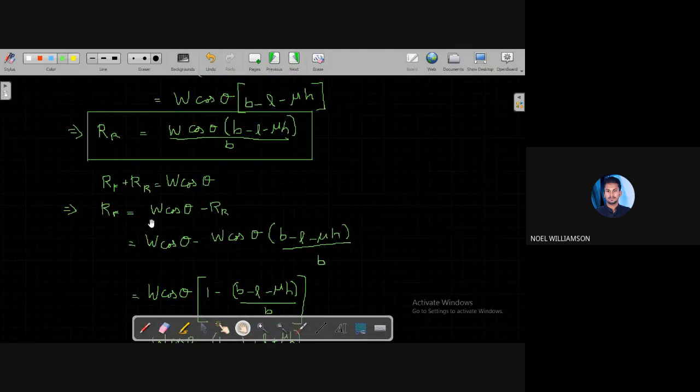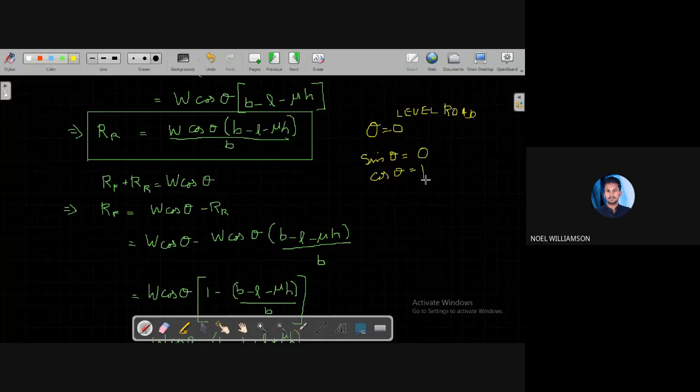But in other cases, there are sin theta terms also coming for RF and all. So in that case, it will change. In general, if the vehicle is moving on a level road, then the value of theta will be 0 for a level road, and in that case sin theta will be equal to sin 0, or 0, and cos theta will become 1.